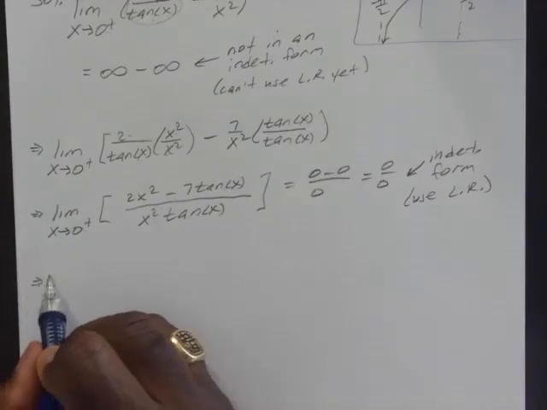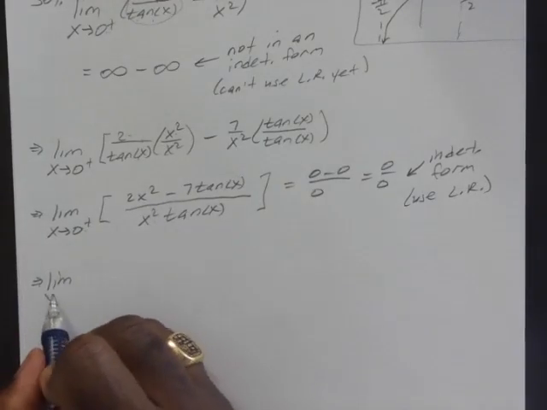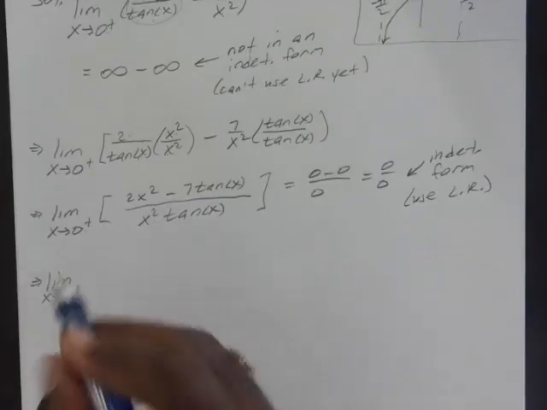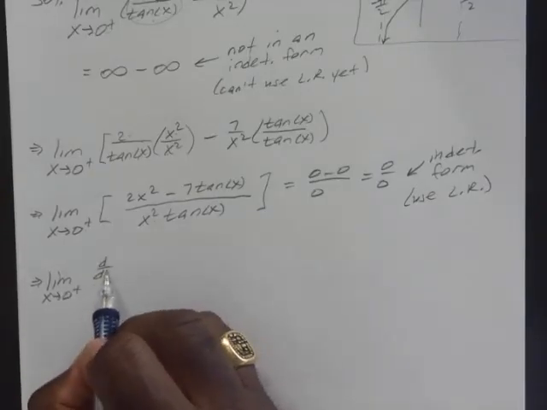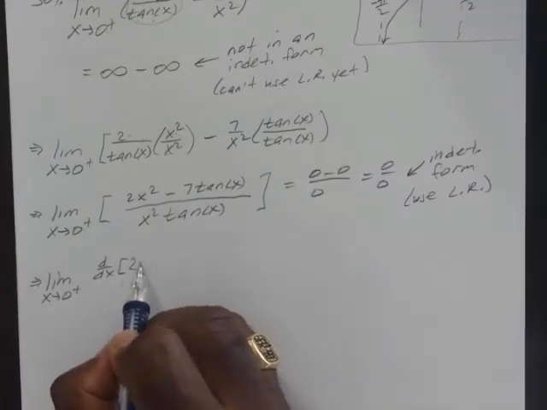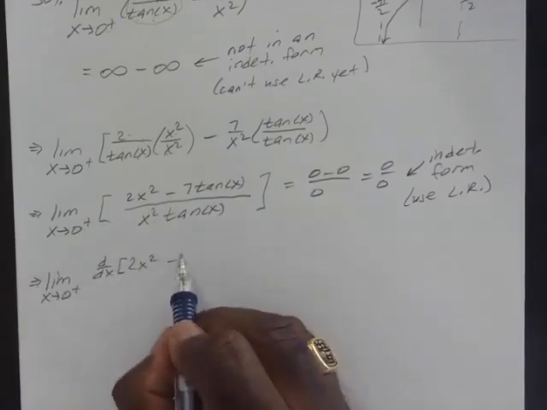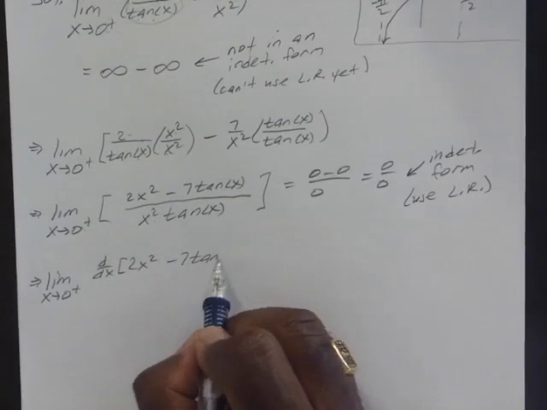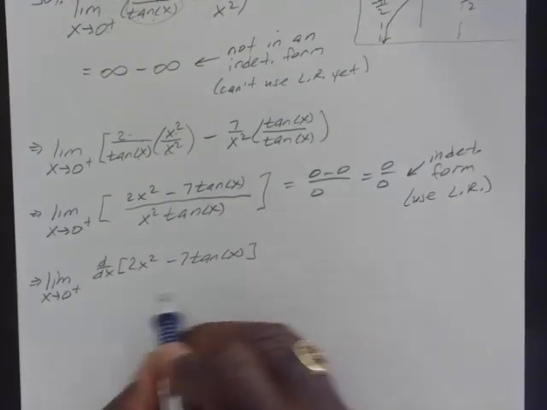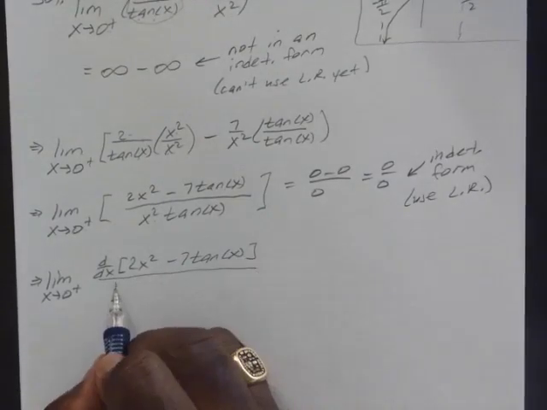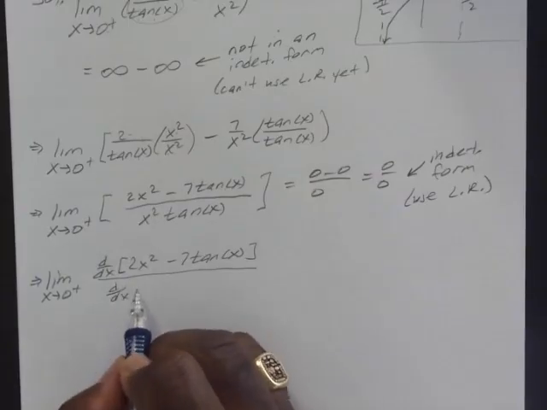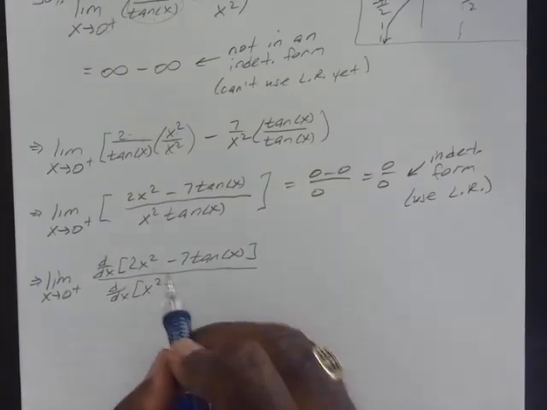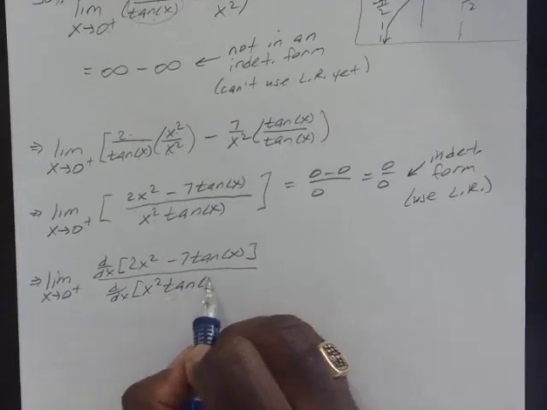So that means this will equal the limit as x approaches 0 from the right of the derivative of 2x squared minus 7 times tangent of x, divided by the derivative of x squared times tangent of x.